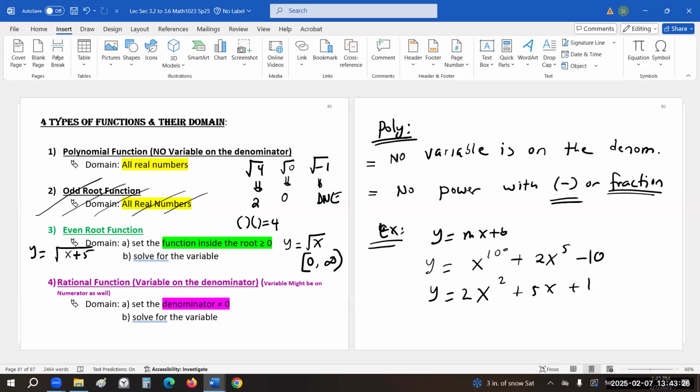So what is the smallest number we can plug in? Negative 5. So we cannot plug in anything smaller than negative 5. We have to plug in the smallest number, negative 5, and we can plug in everything bigger than that. So our domain is negative 5 to infinity.